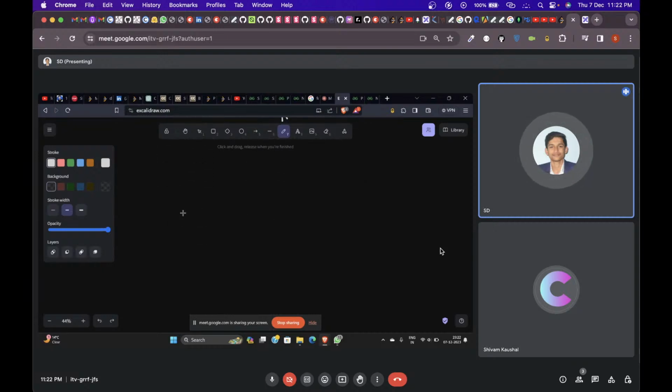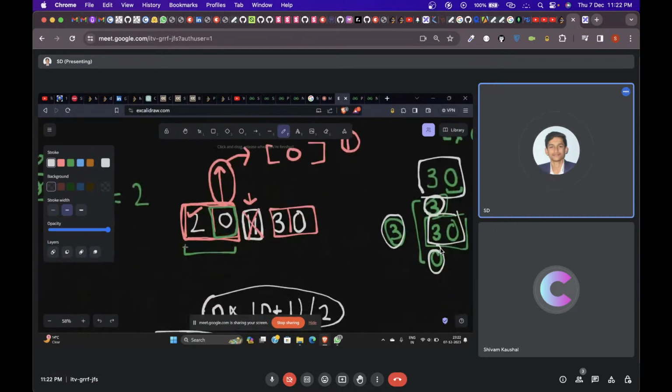Now the condition comes that, let's say this is our subarray, and if the smaller elements are available, then yes, we can actually decrement that. What if there is a largest element? As I already explained to you guys, within a given subarray, this is our array 20 11 30.